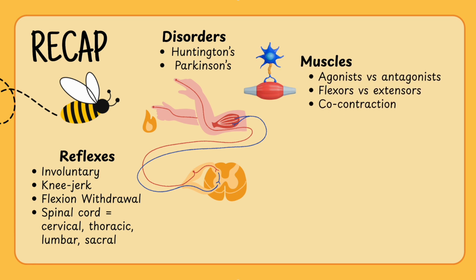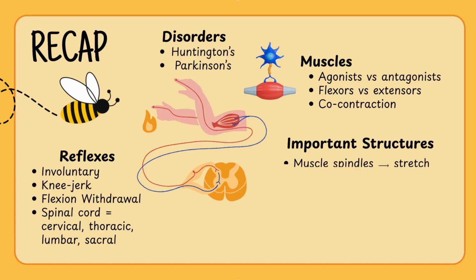In terms of muscles, there are agonists, which promote movement, antagonists, which prevent movement, flexors, which decrease the angle between 2 bones, and extensors, which increase the angle or extend. And then we have co-contraction, which allows for stability and balance. And we know that agonists start and antagonists end very skilled movements like throwing a dart.